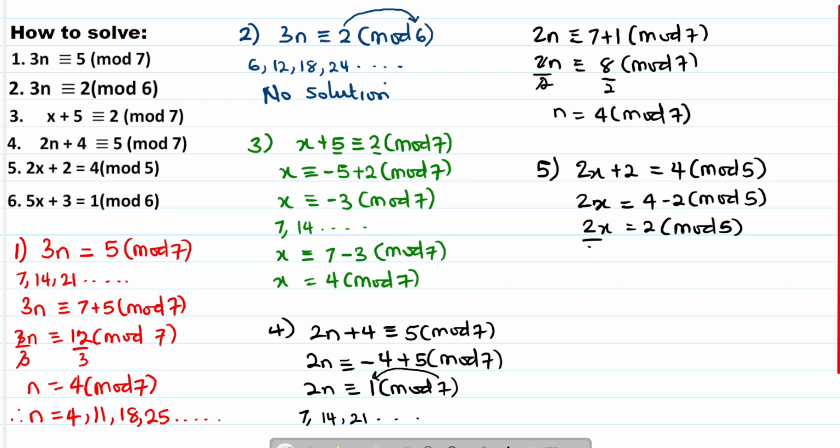So here we can divide both sides by 2, and therefore we have x is equal to 1 mod 5. So other possible solutions for x will include 1, 6, 11, 16 and so on. Just keep adding 5 to the initial solution 1.